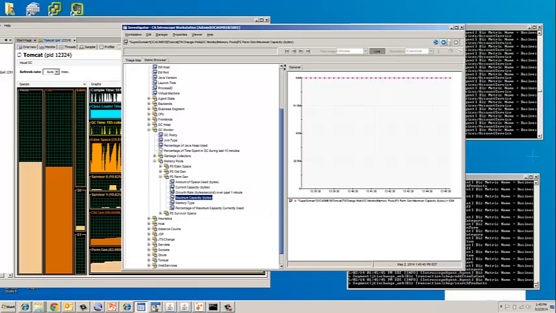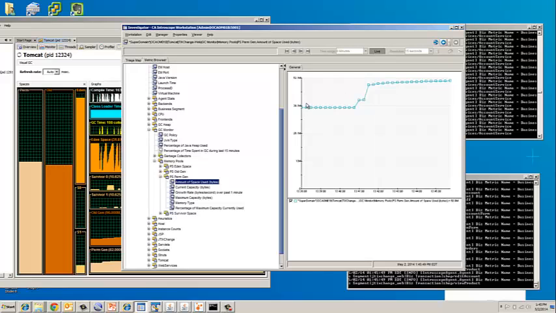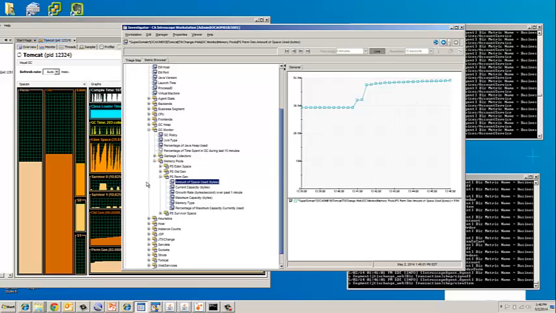Then I look at the amount of space used, and I can see that I'm using about 50-something megs, and those are containing my class definitions. Good. You can see this is not going to go up and down. This is pretty much going to stay steady.